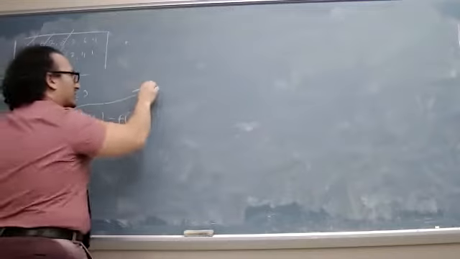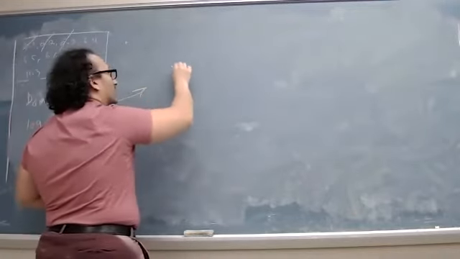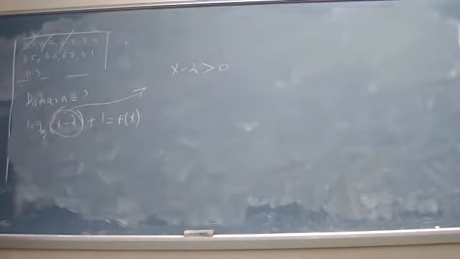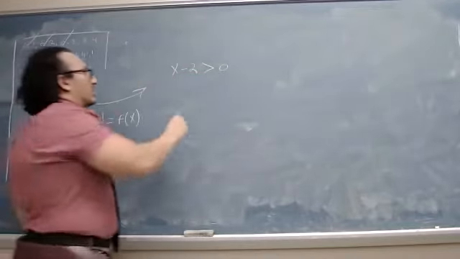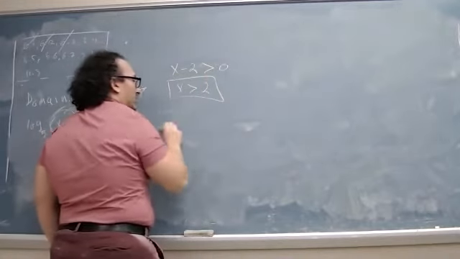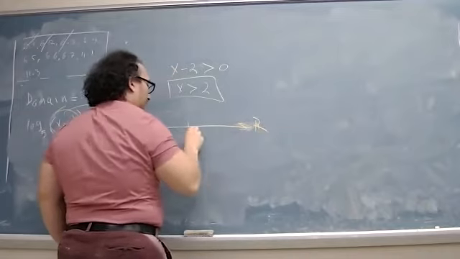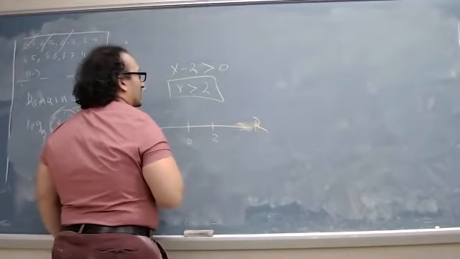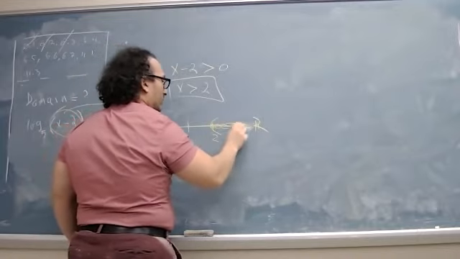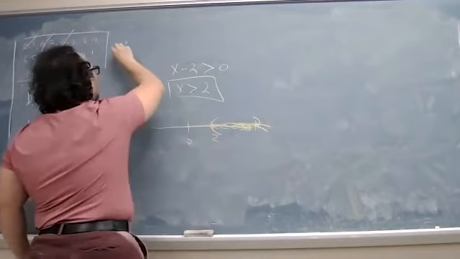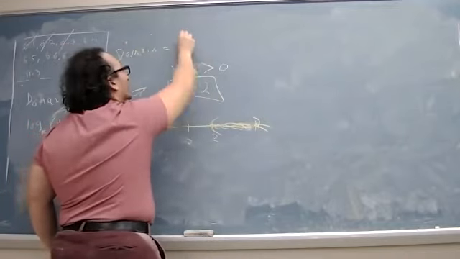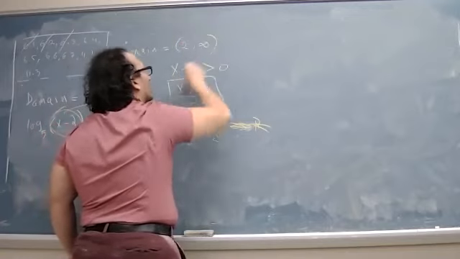We must ensure that this is greater than 0. It cannot equal 0, or the logarithm becomes undefined. So we add a 2 to both sides. That determines the domain. Put this on the real line. Here's 0. Here's 2. It says for values of x greater than 2. So we put parentheses here, so the domain should equal 2 all the way to infinity.